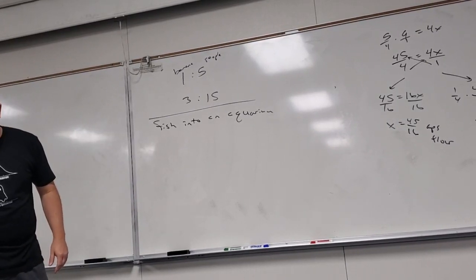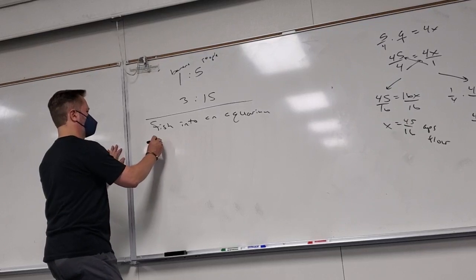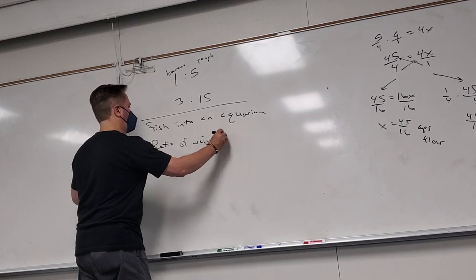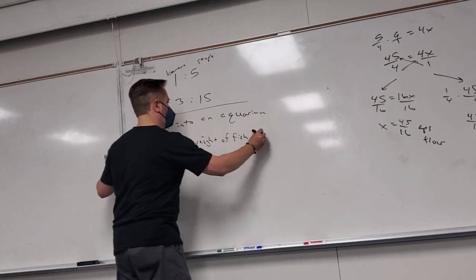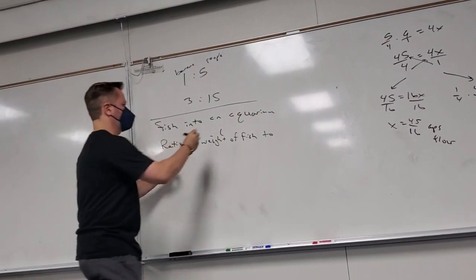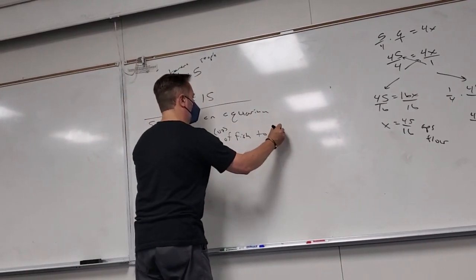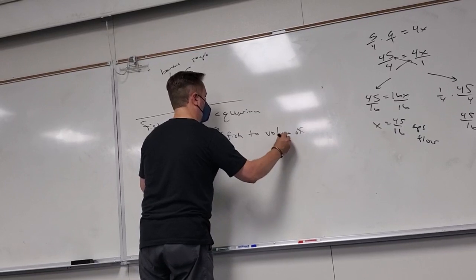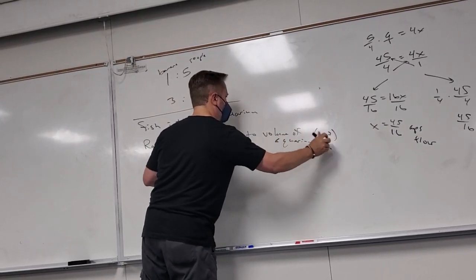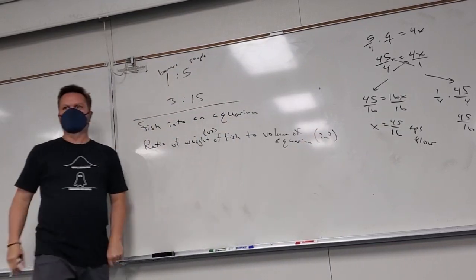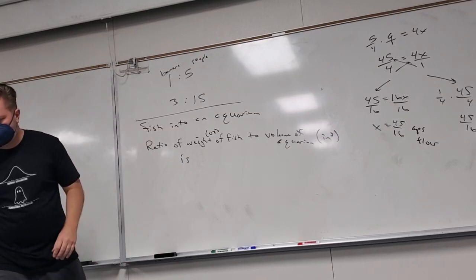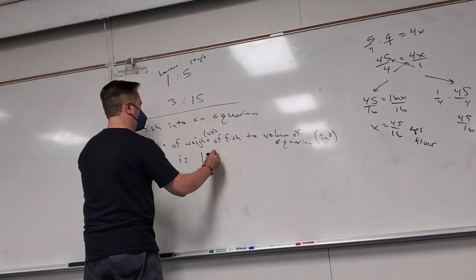The ratio of weight of fish, in ounces, to the volume of the aquarium, in cubic inches, is 1 to 13.52.